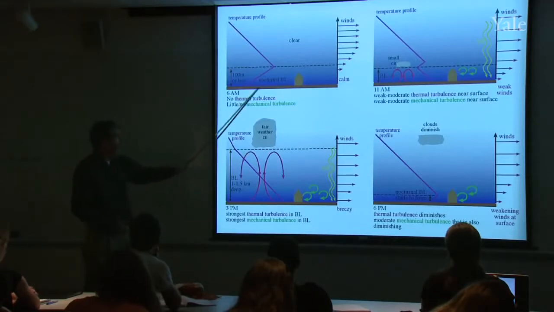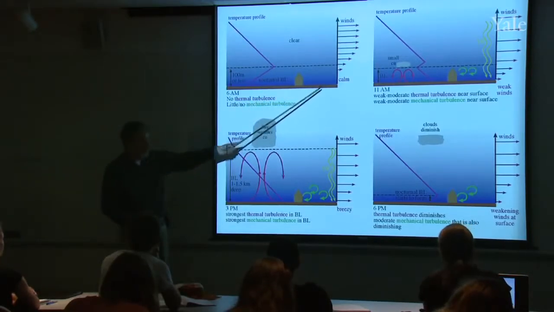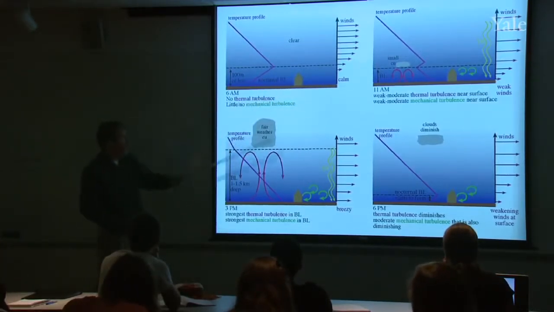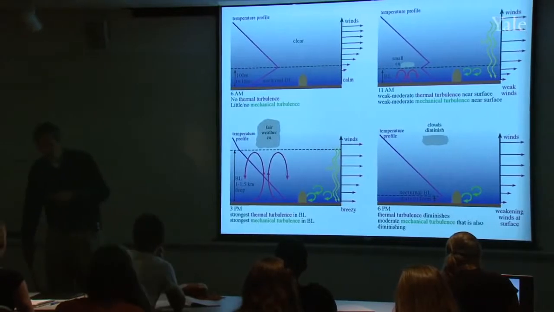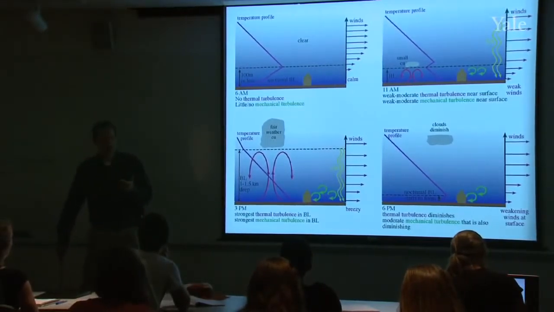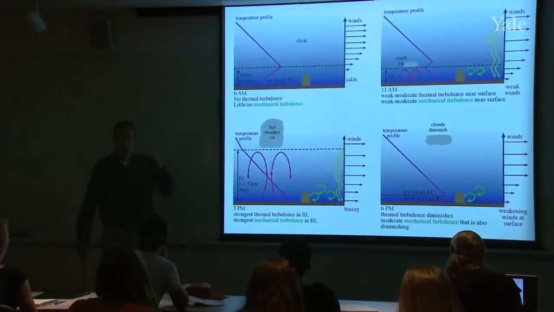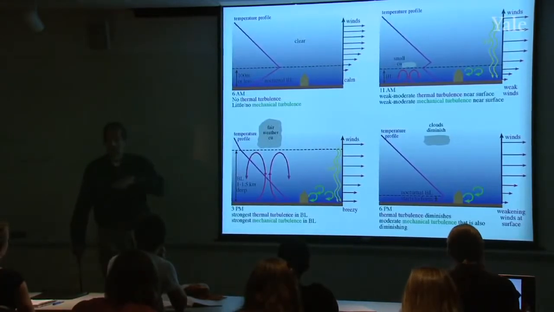But the winds often go calm at night at the very surface because of this lack of turbulence to mix the momentum down. You must have noticed this. If you're a camper or an outdoors person, you will have noticed that very often the wind decreases to calm at night and then picks up the next morning.